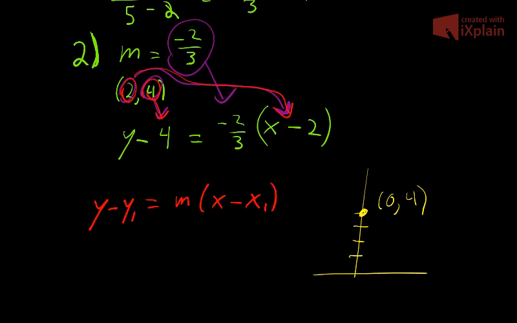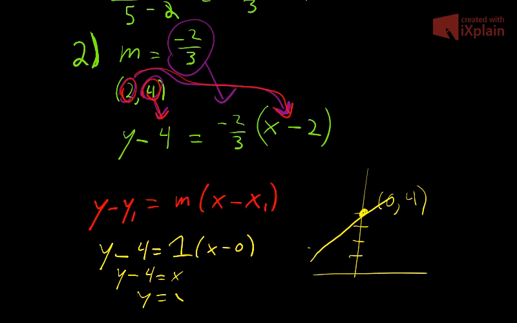If I plug in 0, 4 here, I would get y minus 4 equals m times x minus 0. Let's say it has a slope of 1, so then m is 1. I have y minus 4 equals x, which is y equals x plus 4, and that's exactly what it would be in slope-intercept form. But because we're doing point-slope form, we're going to write it slightly differently, in the method that I wrote in red.